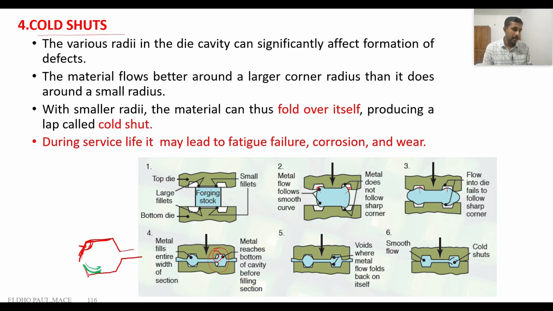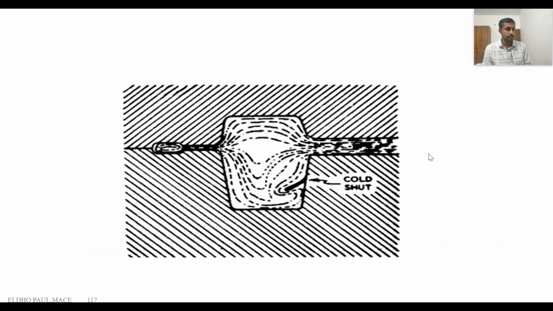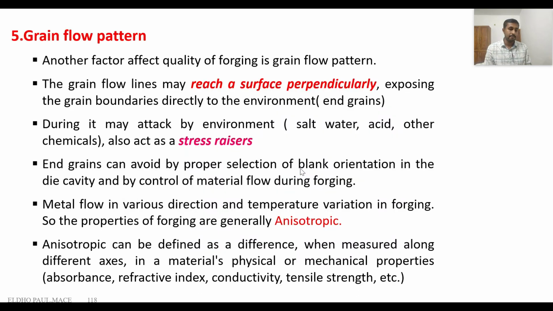That defect is called a cold shut defect, and this cold shut may lead to fatigue failure, corrosion, wear, etc. So we can see the cold shut here, the self-folding of the material during the compression. This is because of the sharp corners in the cavity.